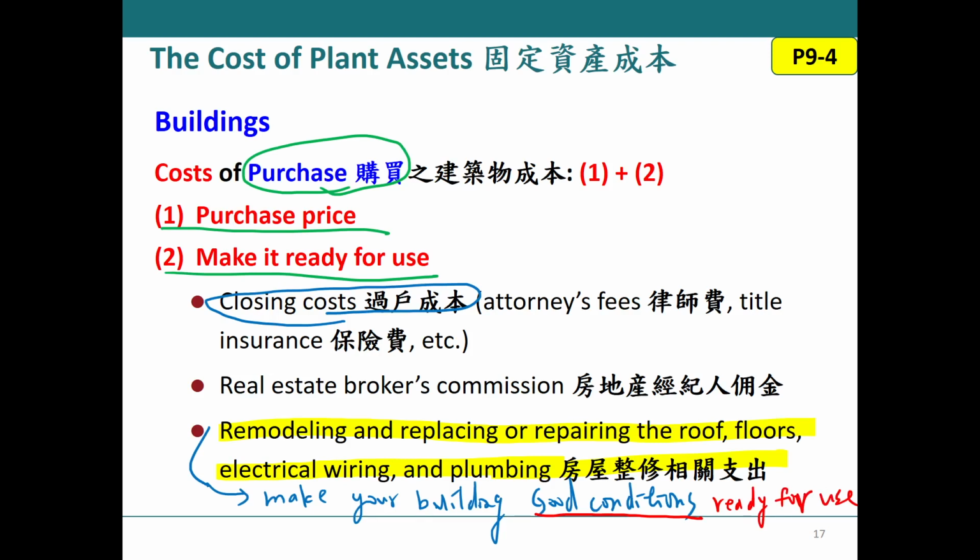So it's not very easy. After you buy the building, after you buy the house, still you have to repair it, remodel it to make it have a good condition. Only when they have a good condition, then you will use it, right? So that's why we have these kind of things you still have to do.